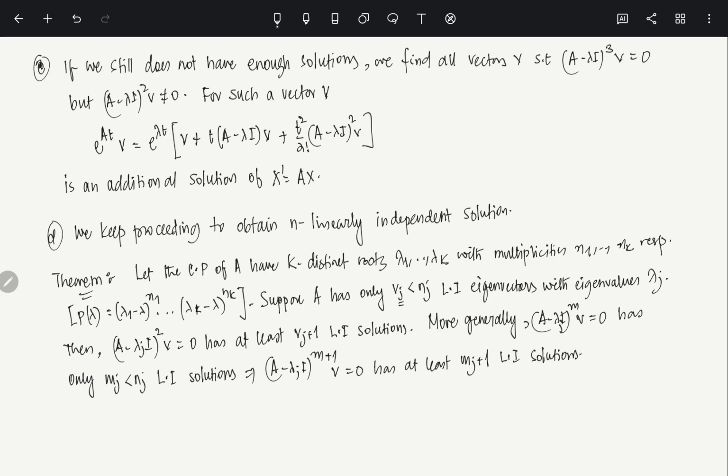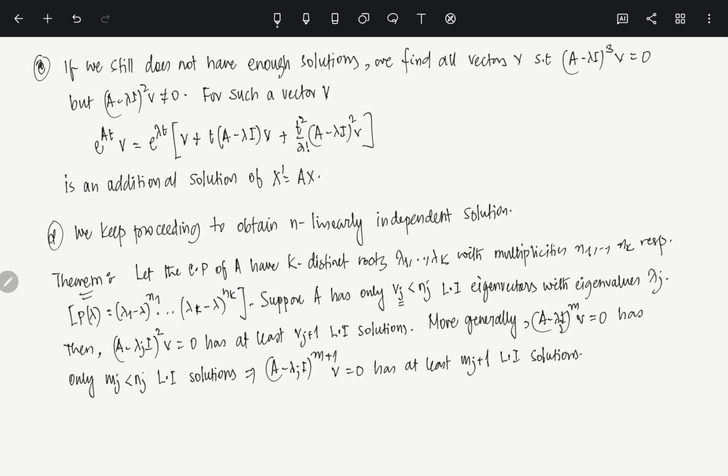What it is saying is this: if (A minus lambda I) v equals 0 has, let's say, 5 solutions, then (A minus lambda I) squared v equals 0 will have 5 plus 1, 6 solutions at least. That's at least.